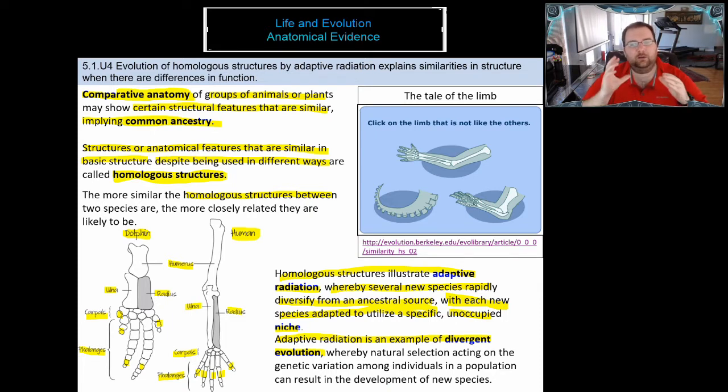Our textbook definition for this is where natural selection acts on the genetic variation among individuals in a population. We have not really talked about natural selection yet. That's coming up very shortly. But we have talked about genetic variation. Just look at the humans in the classroom that you're in, and we are all very different from one another. We have different features based off our genes.